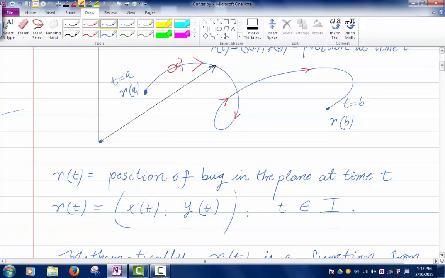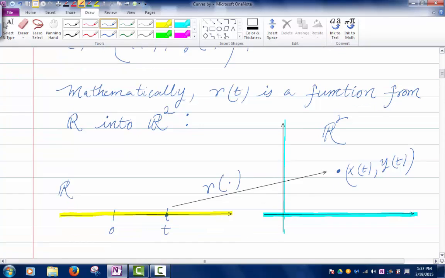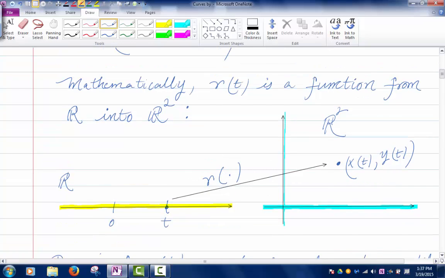Now, mathematically, I wouldn't care about motion, or I wouldn't care about any applications. So mathematically, what is this curve? What's the mathematical definition of the curve? Well, mathematically, the curve is just a function. R of t is just a function, but it's not the usual functions you have seen so far.